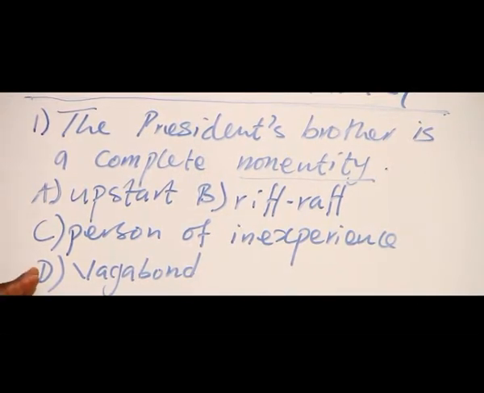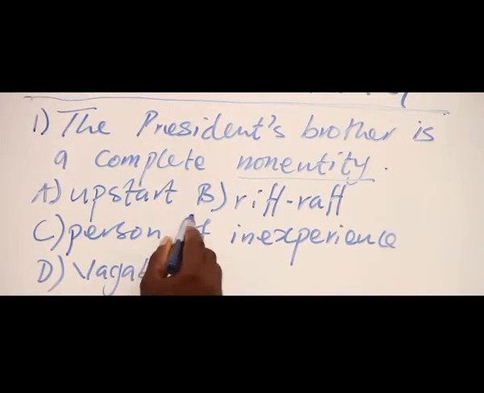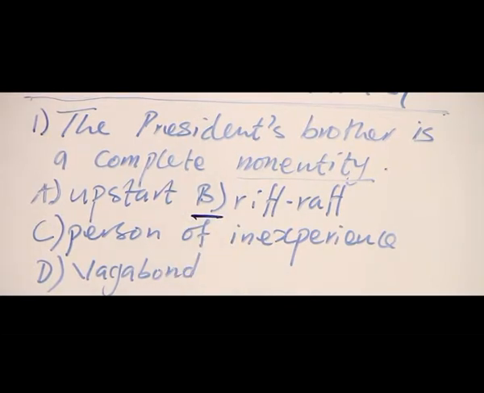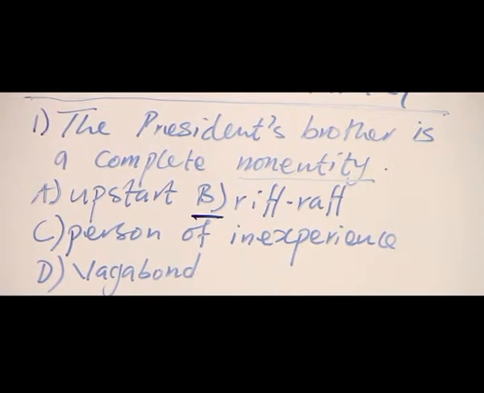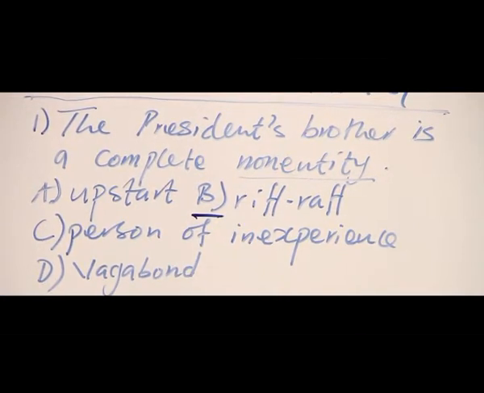So vagabond is then eliminated. That brings our answer to riffraff. A riffraff is someone that is not regarded as important. So our answer to question 1, the president's brother is a complete nonentity, is B, riffraff.